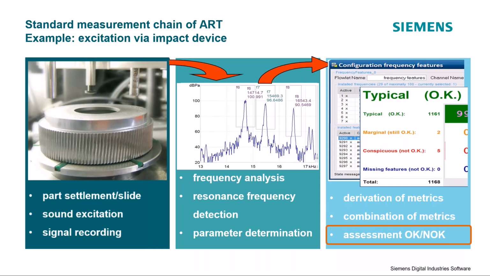At the end, you need an assessment, okay or not okay. But now you see in this graph a category like marginal, still okay. What's that? Well, missing features are parts that are, let's say, totally cracked, or even something of the geometry is missing. Conspicuous parts behave differently from the rest, but marginal is due to a wish of a customer that we implemented.